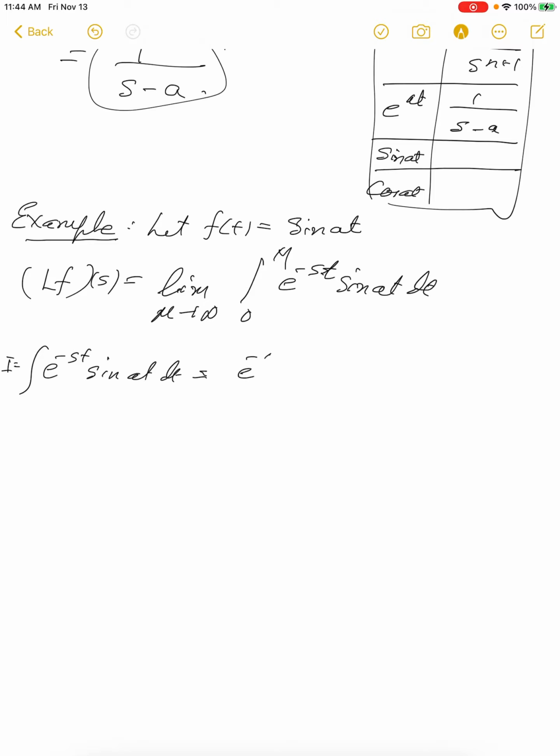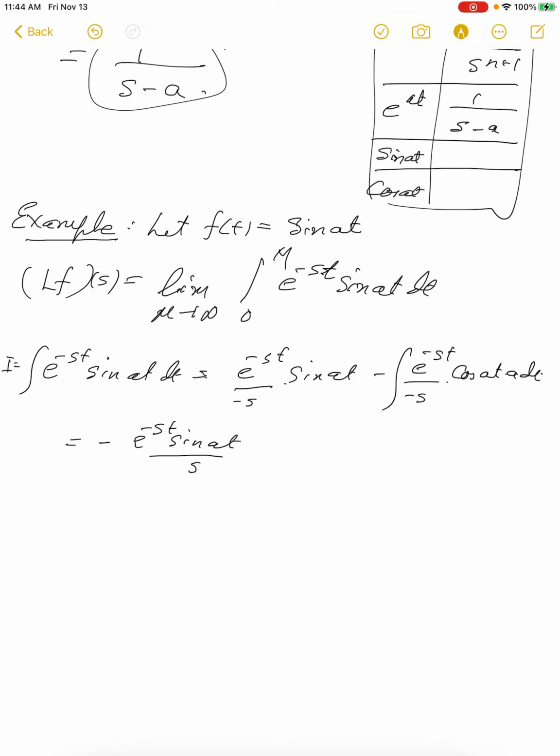So when you integrate, you get e^(-st) over minus s times sin(at), minus the integral of the integrated thing times the derivative of the other, which is the derivative of sin(at), cos(at) times a. So this is going to be minus e^(-st) sin(at) by s, minus minus plus, and then you have the integral of e^(-st) cos(at) dt.